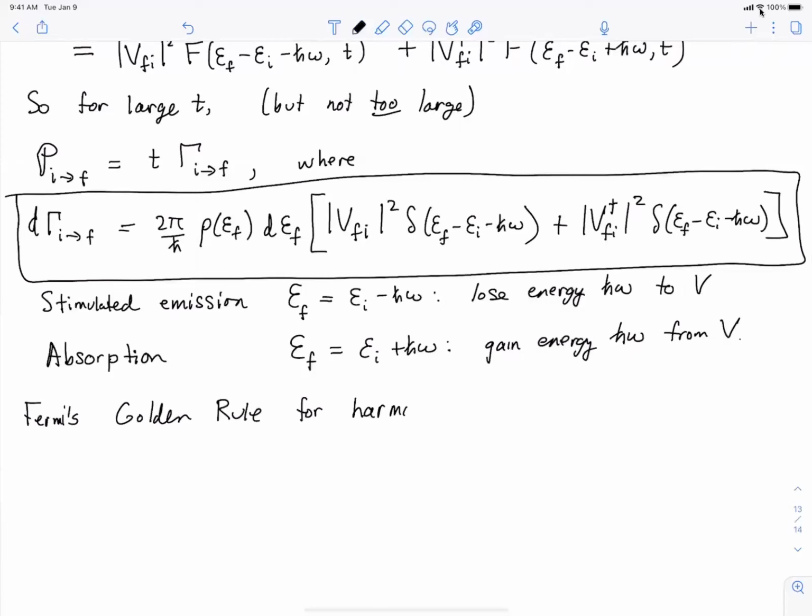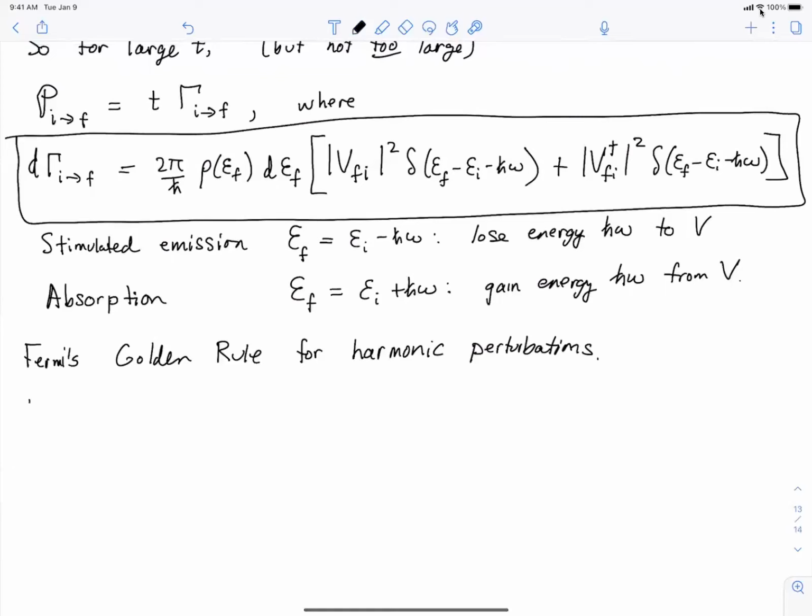It looks very similar to the Fermi's golden rule for constant perturbations, constant after time t equals 0. And it's valid in a slightly larger set of cases, though. So it's valid in two real situations. One is if the final states have continuous energies, or they're continuous states with continuous energy eigenvalues.